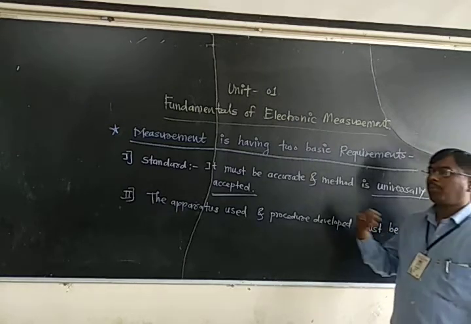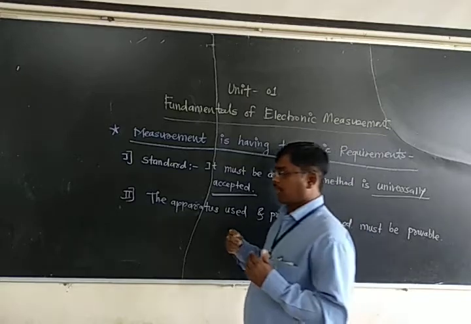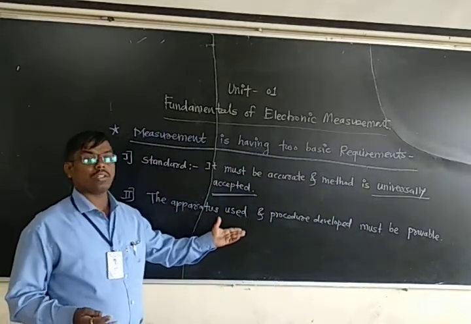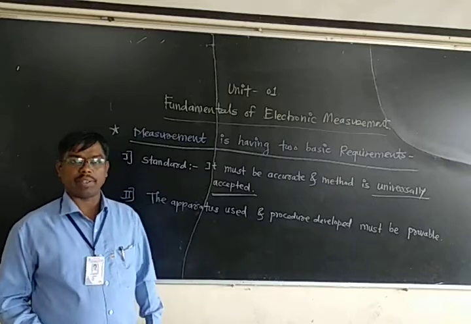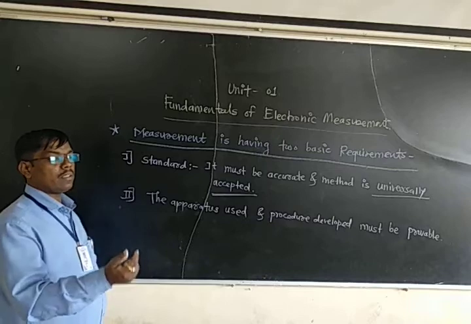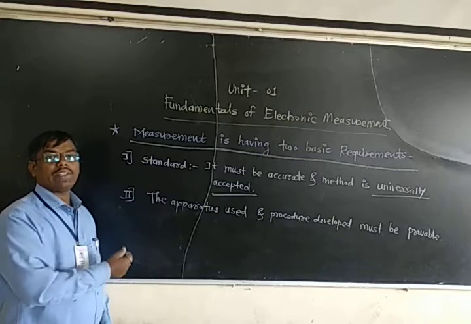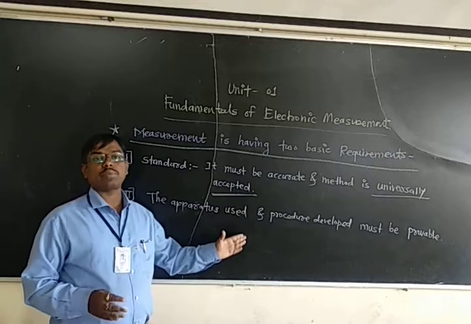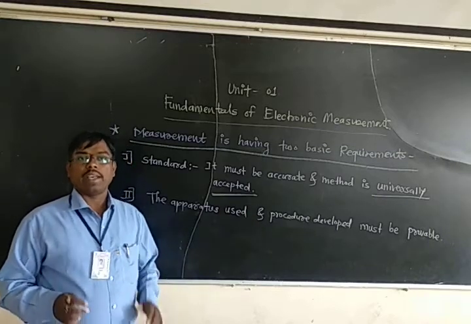It means any user or any human being must be able to prove that procedure to carry out that particular measurement. If we want to measure a single quantity in multiple manners, then also that procedure must be provable to each other.